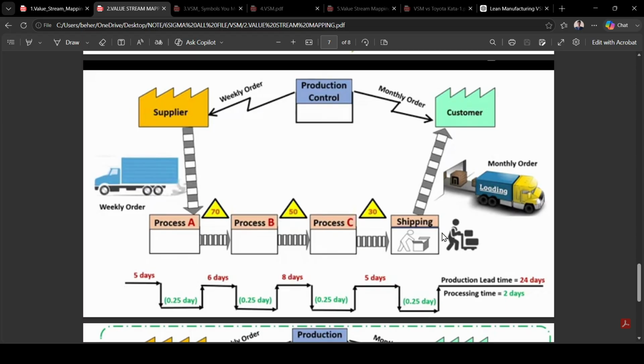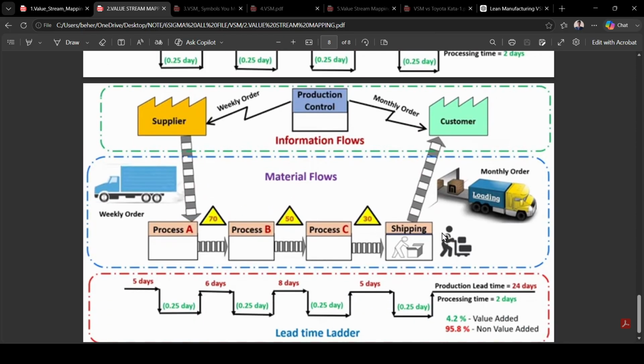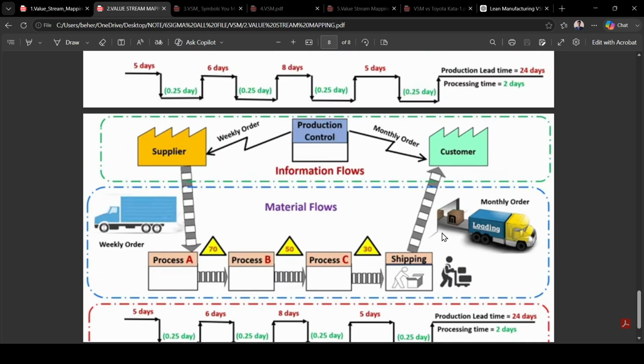Process A, process B, process C, then shipment. Then monthly order loading, then to the customer. Then customer to the production, weekly order, then supply. This is the process of value stream mapping.